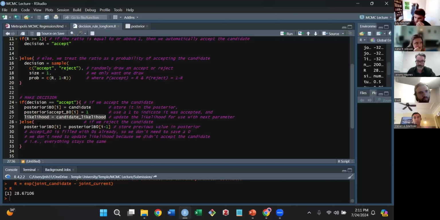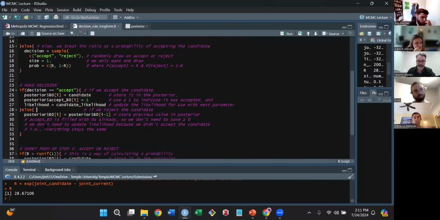If we decide to reject the candidate value, then we're just going to retain the previous value of that posterior and nothing else changes. We've already filled the accept intercept as 0 column as 0, so we don't need to worry about that, and our likelihood stays the same.